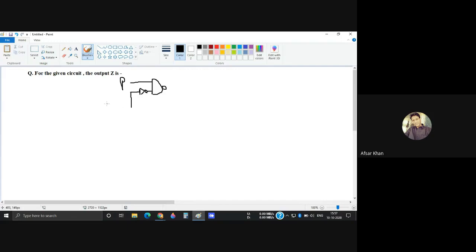This NOT gate has Q. This Q is given to another NAND gate, and this will have R. This Q is also going here. So two NAND gates, and all these are going to another NAND gate, and the final output is Z.